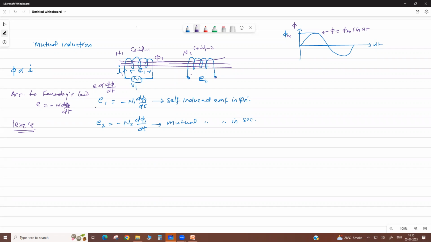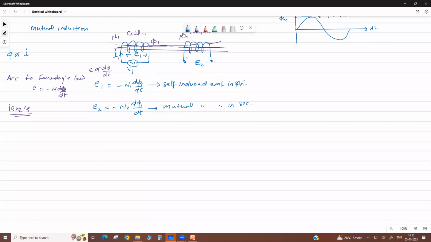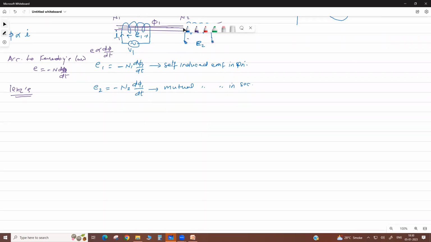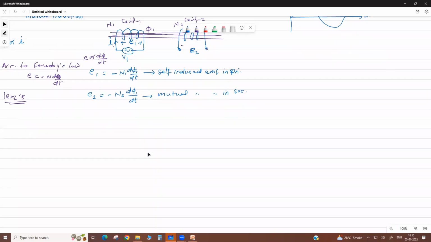The polarity of induced EMF is such that it opposes the cause by which it is produced, meaning it is opposite to the applied voltage. Correct? Okay, so this is the prime mutual inductance principle.